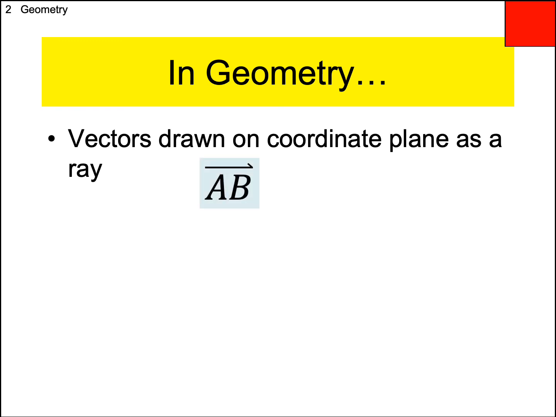So this is the vector symbol, and you can see it sort of looks like a ray. It's an arrow with a little piece of it missing. Whenever you see this, we're talking about vector AB, and that's how it's read, vector AB. And remember, it describes two things. It describes what's the magnitude of the force, right? How much force is being applied to something, and what direction.